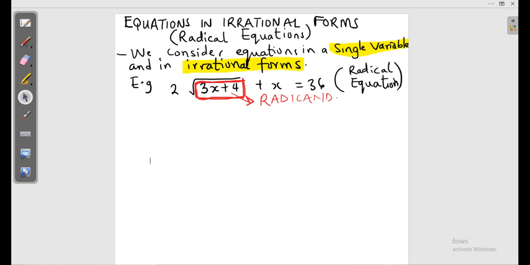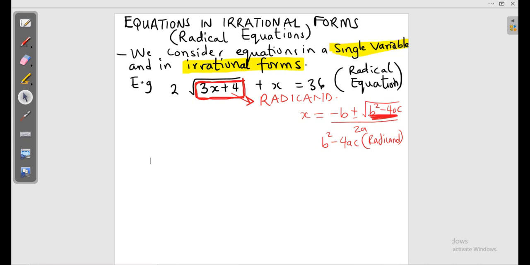Quickly, let me deviate a bit. There is this formula you are familiar with, which we call the quadratic formula. The expression b squared minus 4ac is called the radicand. So any expression inside the root is what we refer to as the radicand.